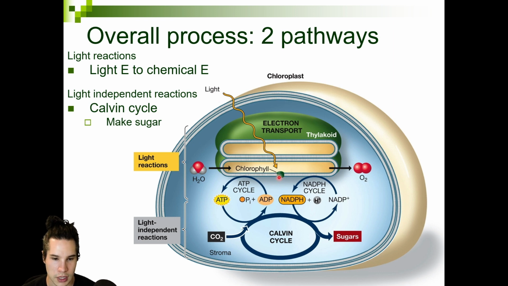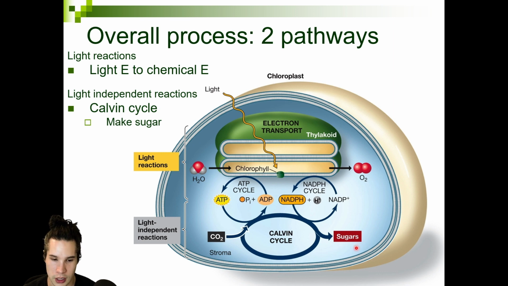As a result of the light reaction, you actually form ATP. You form NADPH. Two different types of potential energy that can be used to drive forward what we would call the light-independent reactions. So the Calvin cycle involves taking CO2 and splicing it together to make sugars.